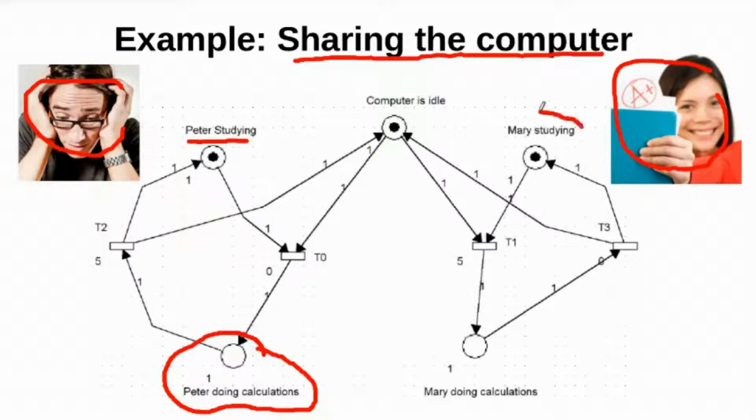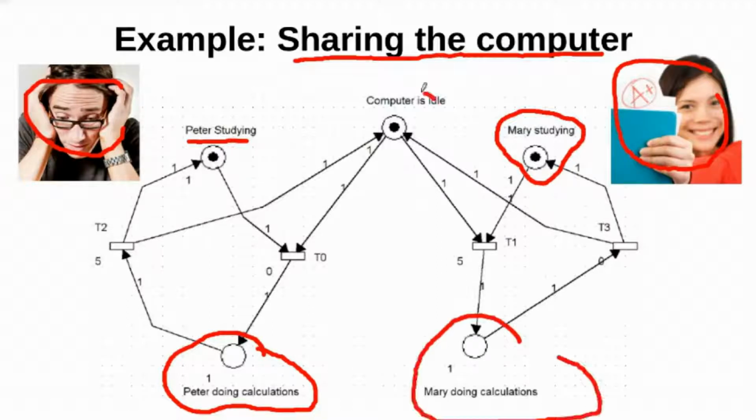Mary is always preparing what to do. She is always thinking about what calculations are expected to be done, okay? So Mary spends a lot of time thinking and writing down all the reasoning for the calculations, and afterwards, when she's quite sure that she needs to do some calculations, she takes the computer in order to do these calculations.